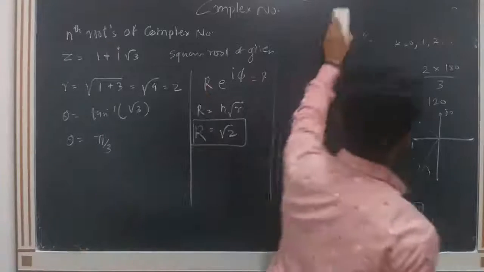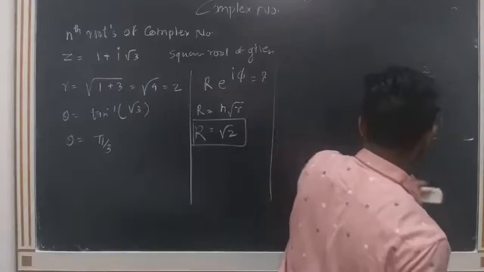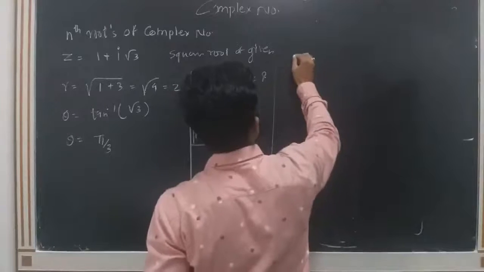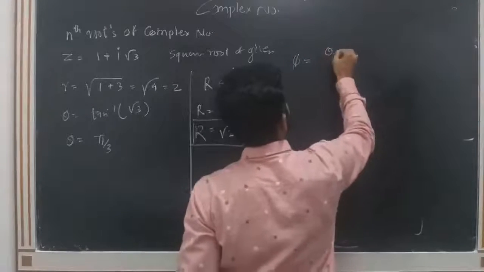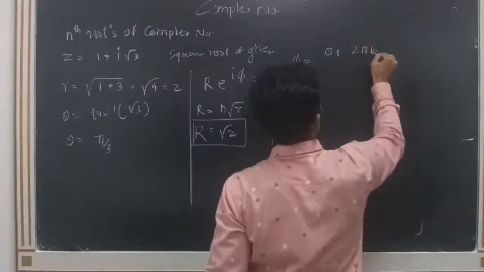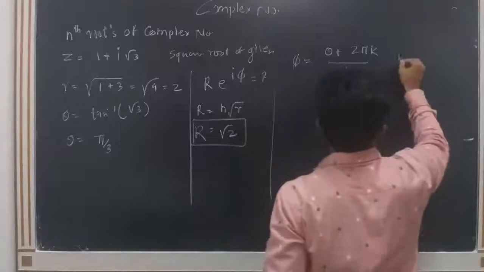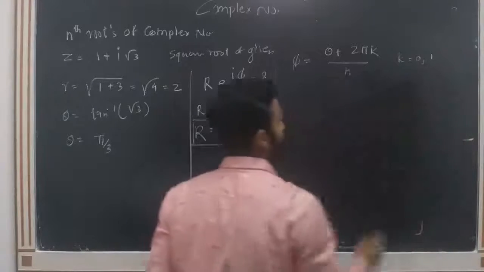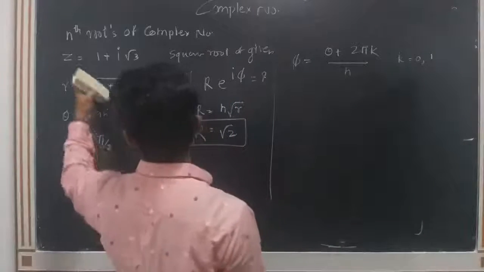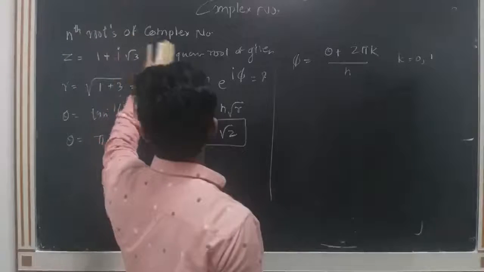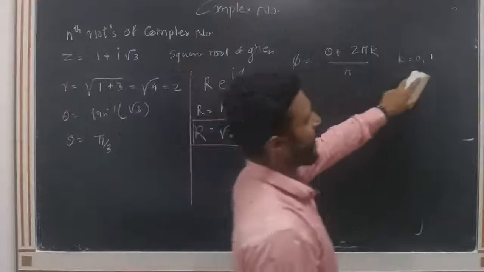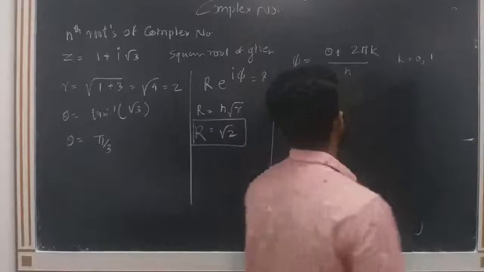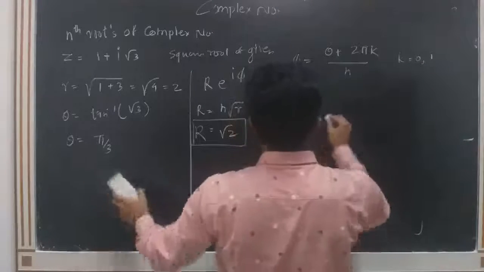Now what is the value of phi? Phi is equal to theta plus 2 pi k upon n, where k is equal to 0 and 1 only, because n is equal to 2, and we can put the value of k up to n minus 1 only. So theta is pi by 3.